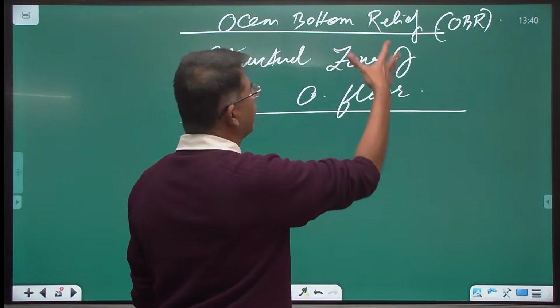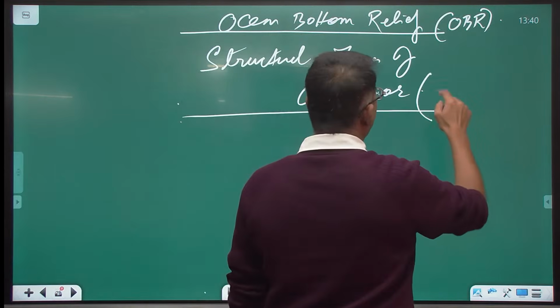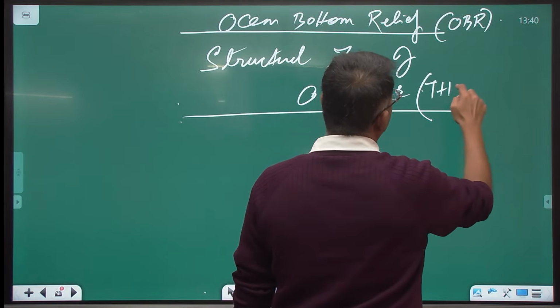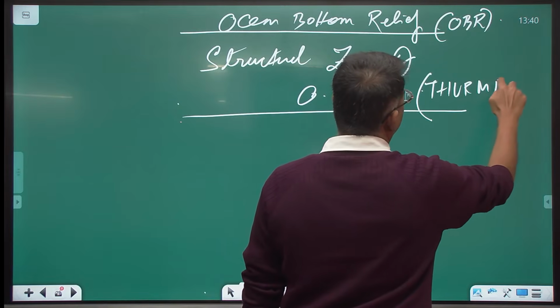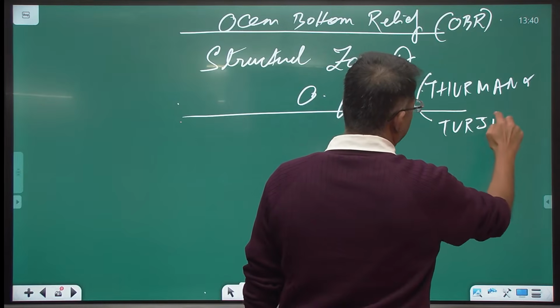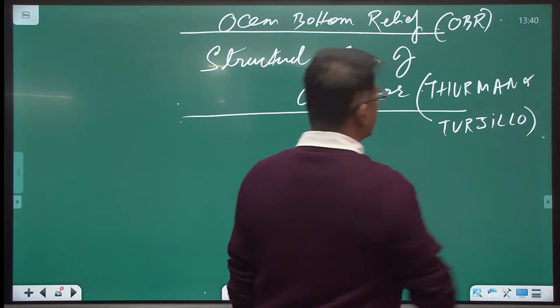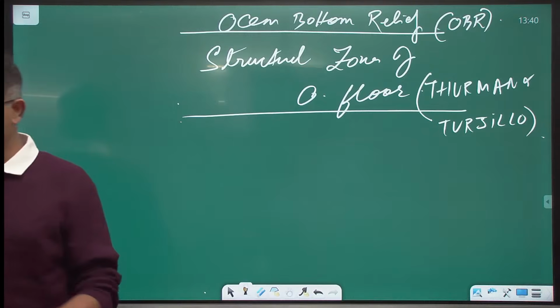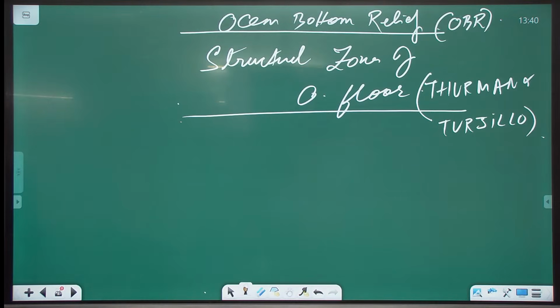So, इसके बहुत सारे versions हैं, but the more popular one is given by Thurman and Trujillo. Thurman and Trujillo's zonation of the ocean floor. Okay.